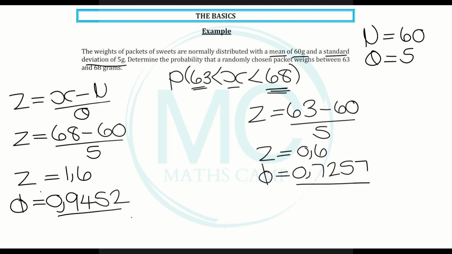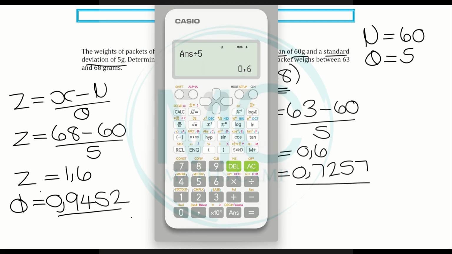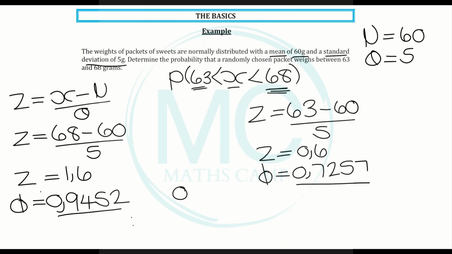So I can take my calculator. I can say 0,9452 minus 0,7257 is equal to 0,2195. Probability is equal to 0,2195. Round off to 3 significant figures, and I get 0,220.